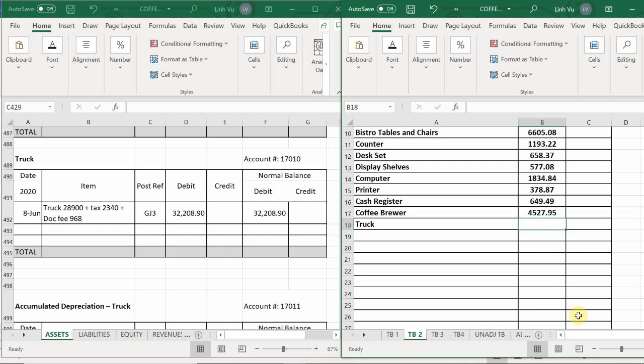Well, in this case, no. What was the total amount that the truck was worth? Because the down payment only goes against the amount that I owe. In this case, what's the total value of my truck? Okay. 32,208.90.